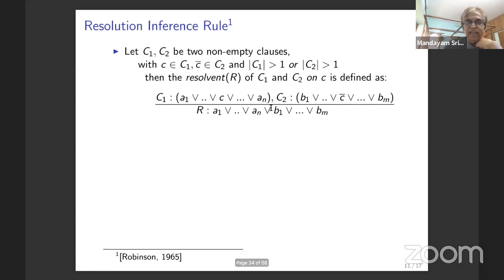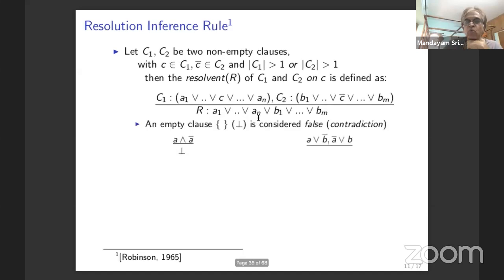And what the resolution principle says is that the conjunction of these two clauses above the horizontal line is satisfiable if and only if the resolvent is satisfiable. And you have eliminated one conflict by doing this. And then it has two other things.